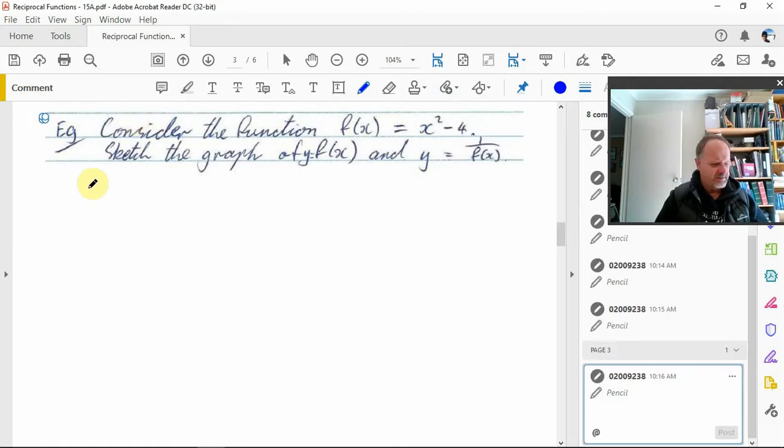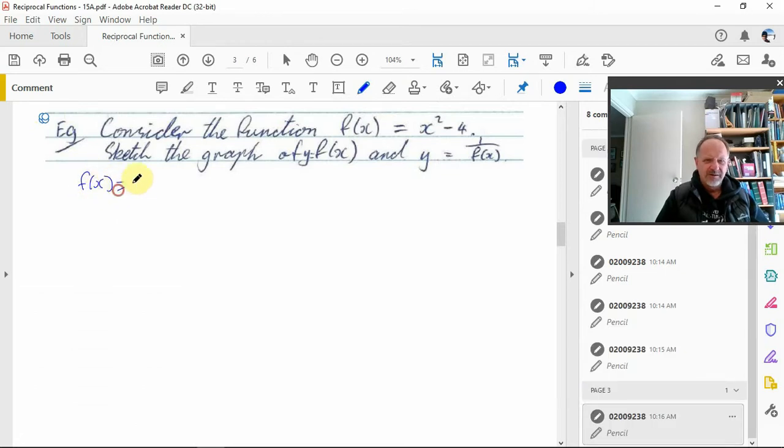So if f(x) is x squared minus 4, the y-intercept will be where x equals 0, and so f(0) is 0 squared minus 4, so y-intercept at minus 4.